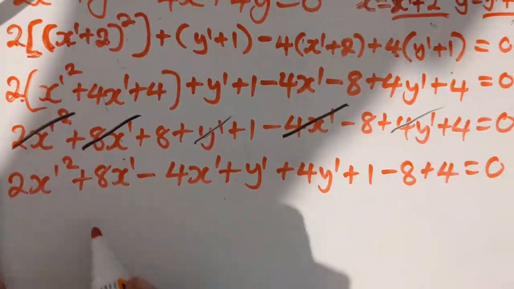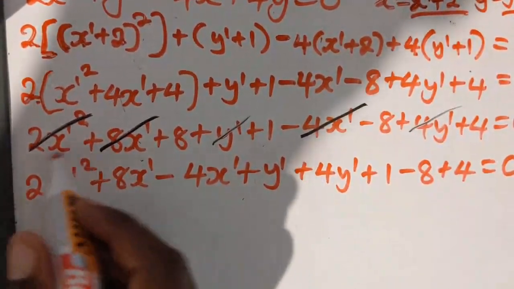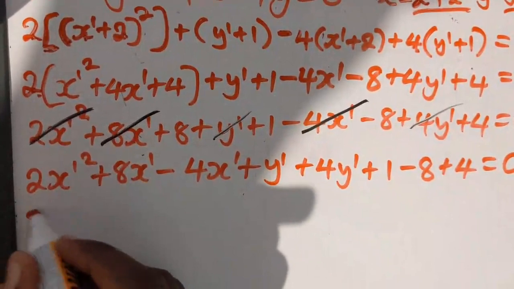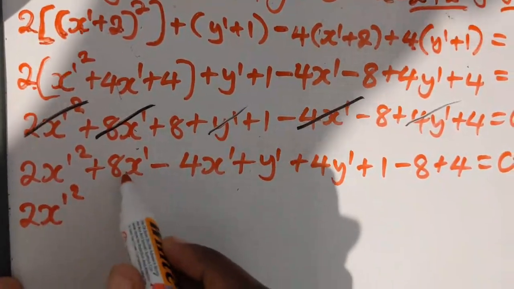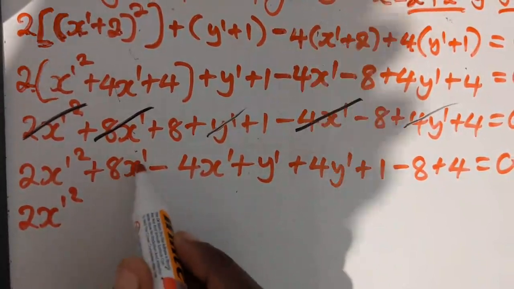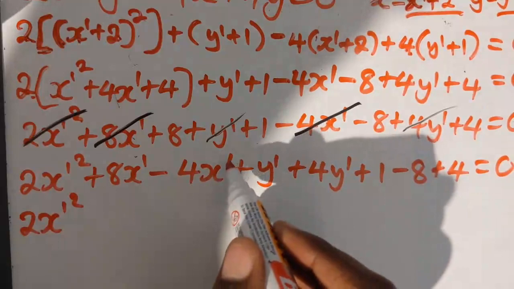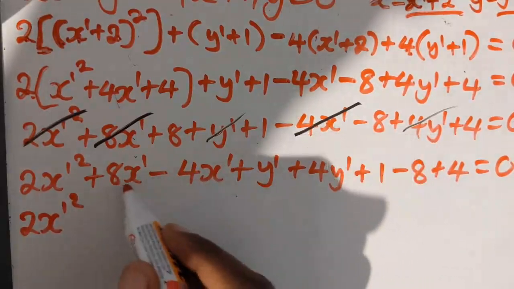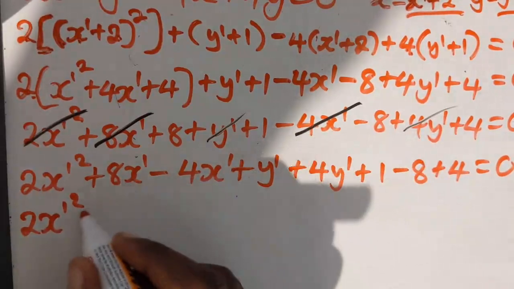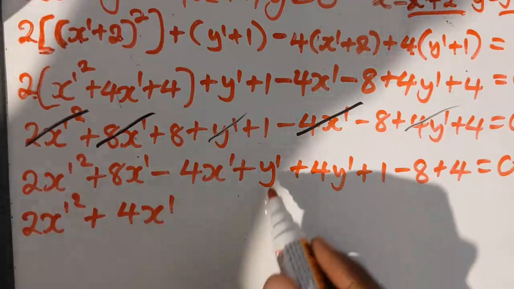Okay, from here now we can add and subtract, but these ones cannot be added or subtracted. So you're going to say 2x prime to the power 2. Then here you know that this is 8x prime minus 4x prime, so you can subtract here. So 8 minus 4, you're going to have positive what? 4x prime.